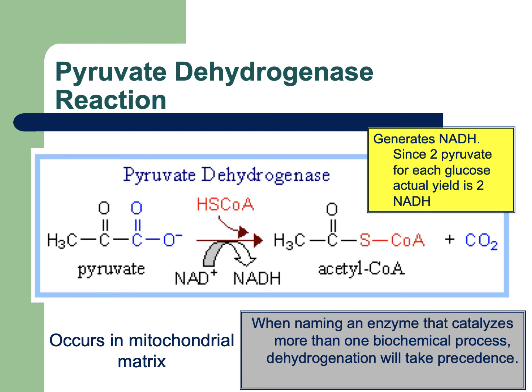All of the products and substrates are multiplied by two for 1 glucose molecule. So we have 2 pyruvate, 2 NAD, 2 coenzyme A's, and 2 acetyl-CoA, 2 CO2, and 2 NADH as products. Be mindful of that, because when we tally the total of this reaction, we need to multiply it by 2 for 1 glucose molecule.